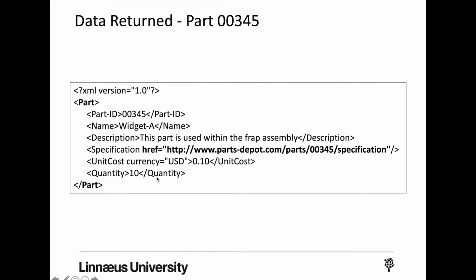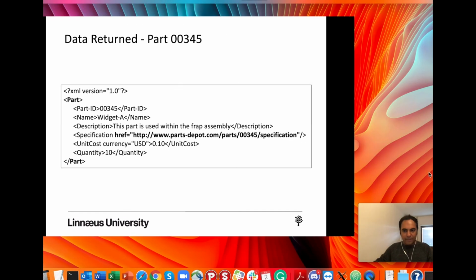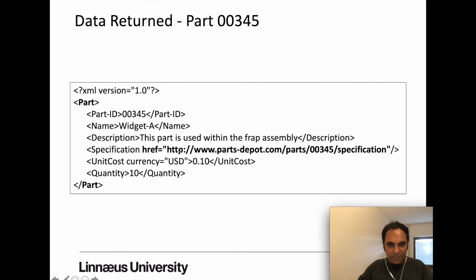Once the user gets this XML response, he can follow this link, and these are known as hyperlinks in REST. When the user follows this link using another GET method, he has moved from one state to another state, and this is called state transition in REST.